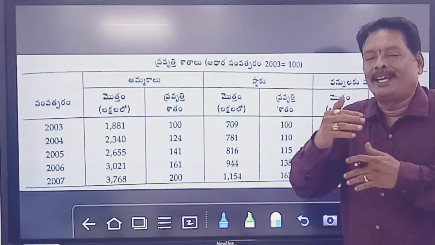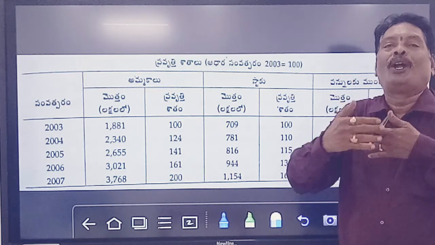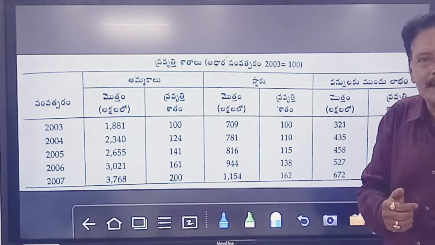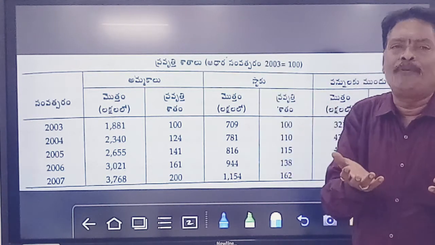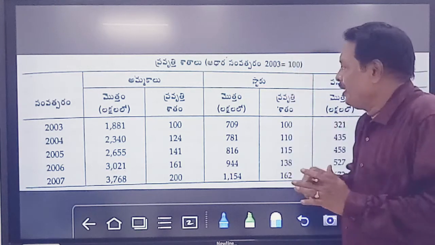That means double the figure. That means sales are increased twice. This is a good sign for business. Why? Because when the sales are increased, automatically profits are increased. That's why this is a good situation.